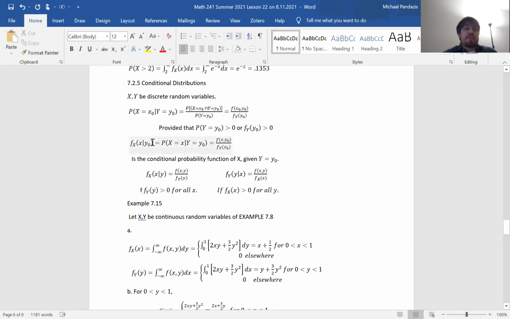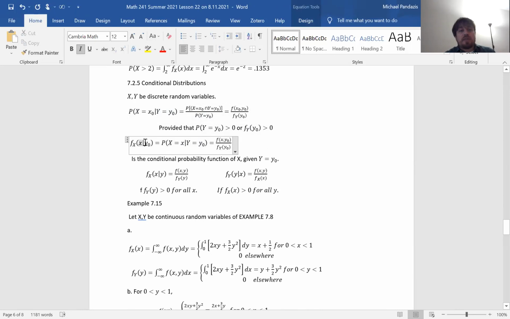Okay, f sub x of x given y naught is notation for the probability that capital X equals little x given that capital Y equals y naught. You don't have to write X equals and Y equals.